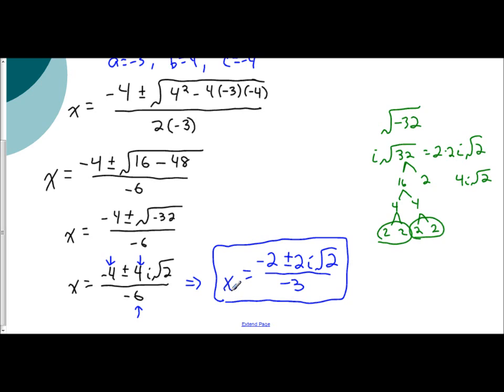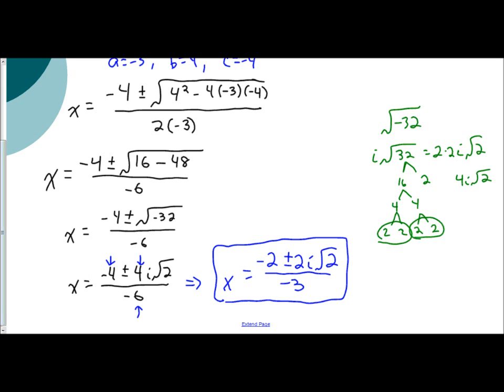So a little more complicated. We had to bring out the imaginary number here, but the concept is all still the same. You plug in your numbers, you simplify the radical, put it back in and just make sure it cannot be simplified, which here it could. So we divide all 3 terms by 2 and got our answer.